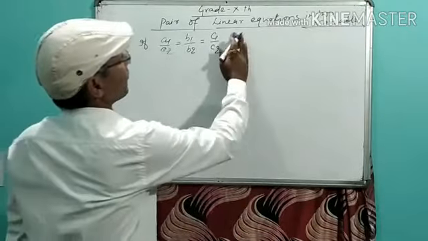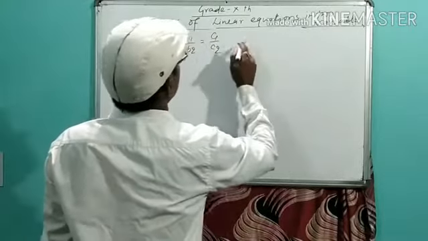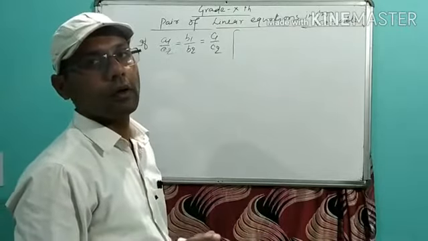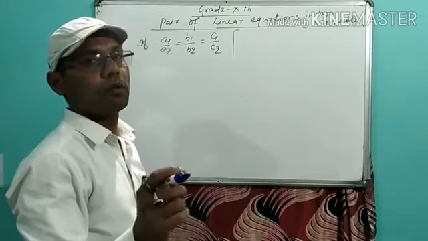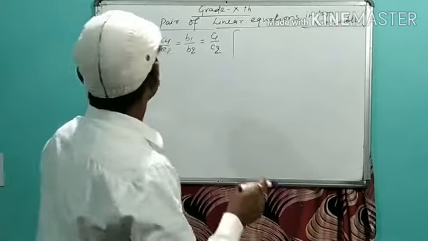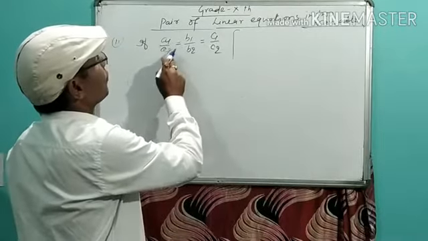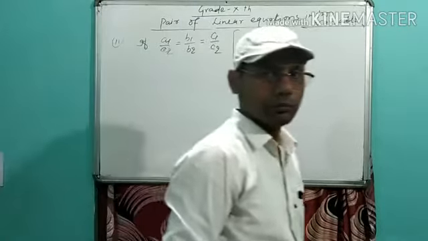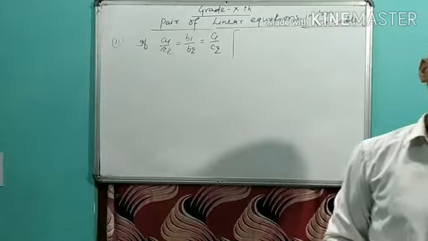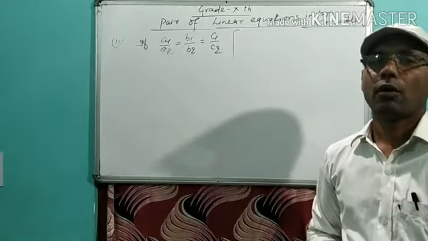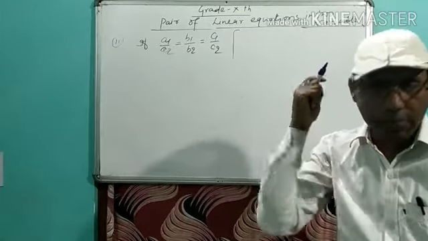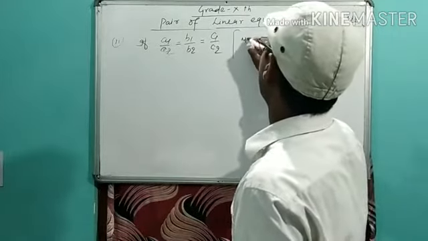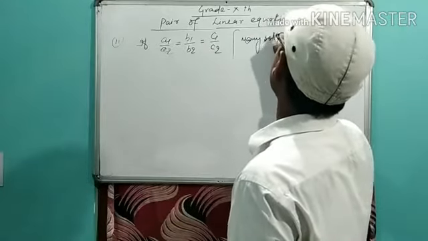In this condition, which type of solution will be? Which type of graph will be? If a1 by a2 is equal to b1 by b2 is equal to c1 by c2, then there will be many solutions, infinite solutions.